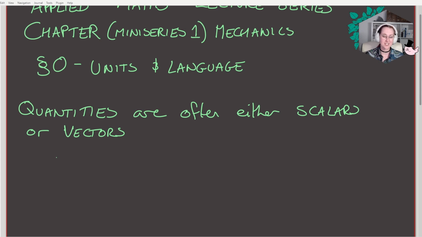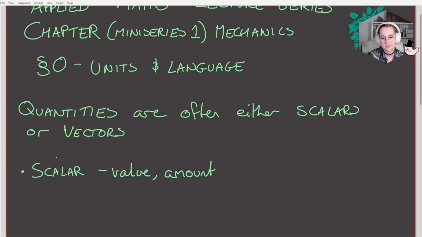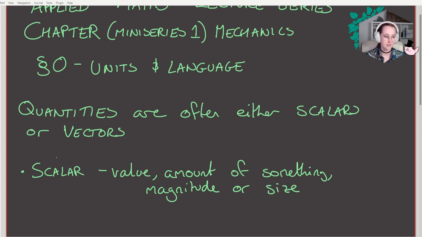And that stuff, those quantities, are either going to be scalars or vectors. So a scalar quantity is an intrinsic thing. It's a value. It's like an amount of something. The technical language says that it's a magnitude or size.